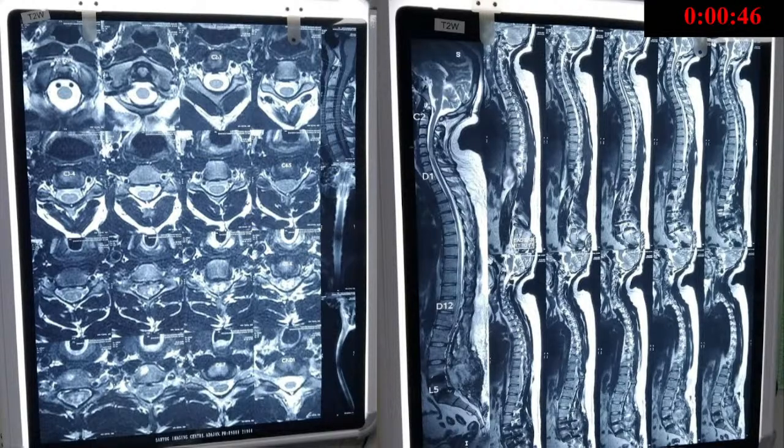This is the post-op MRI. You can see there's signal change over here at the level of C5, C6. Can you appreciate the signal change? Apart from that, there's a long segment signal change from D10 to the conus. It's been like 4 months now.